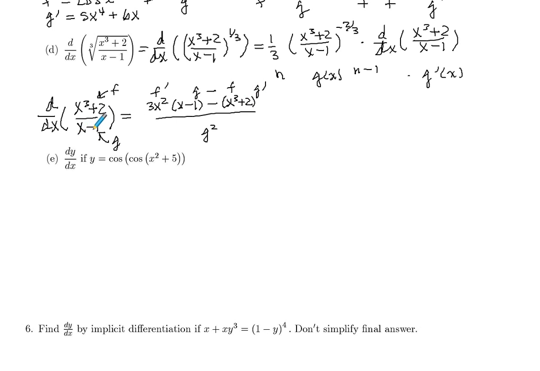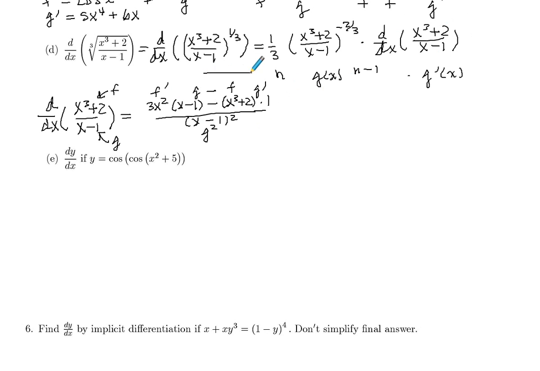The derivative of x is 1, the derivative of negative 1 is 0, so that's just 1. And then divide by the bottom function squared, which is x minus 1 downstairs, and that gets squared. Okay, so this whole expression goes right in here.